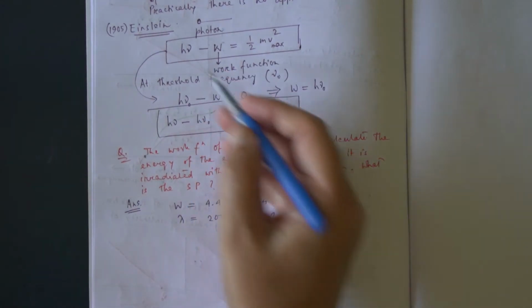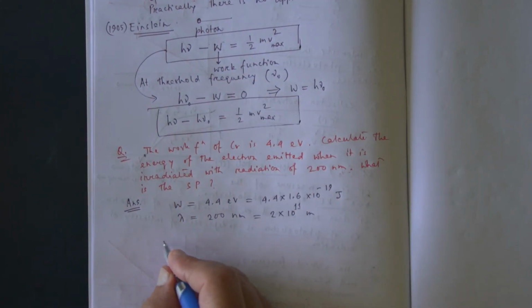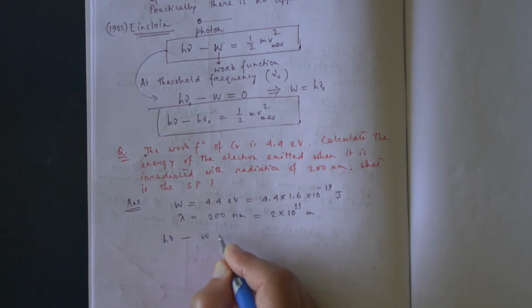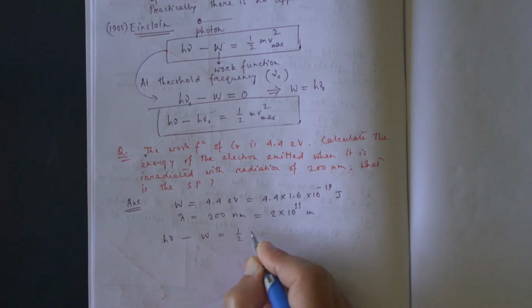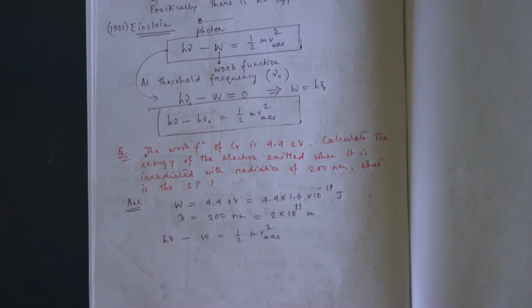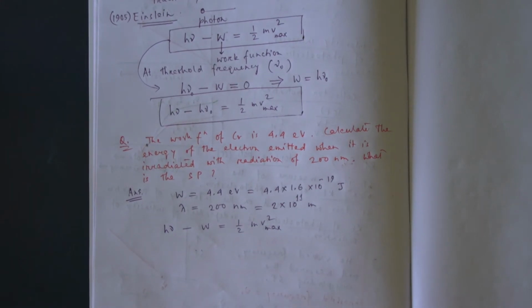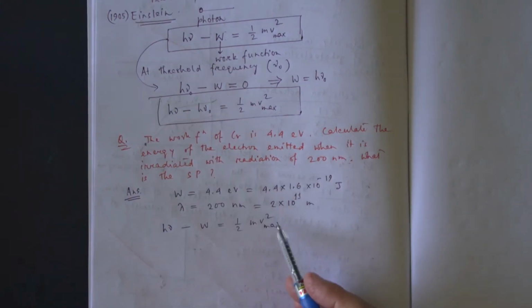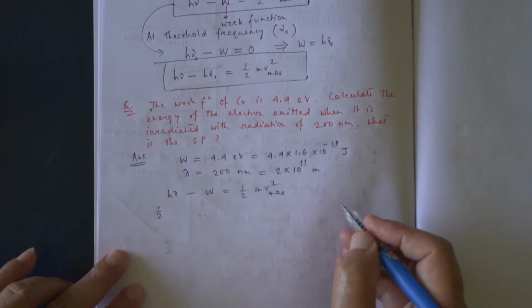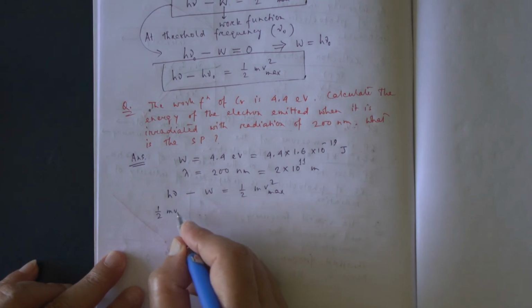So simply use this equation: h nu minus W equal to half m v max square. Here you have to find the maximum kinetic energy, so half m v max square.